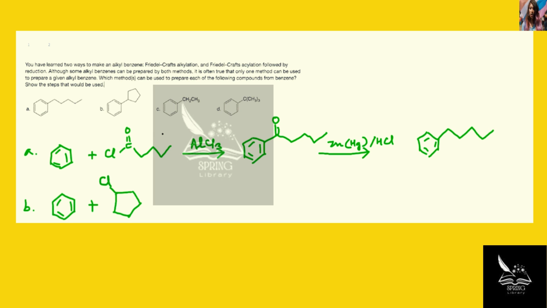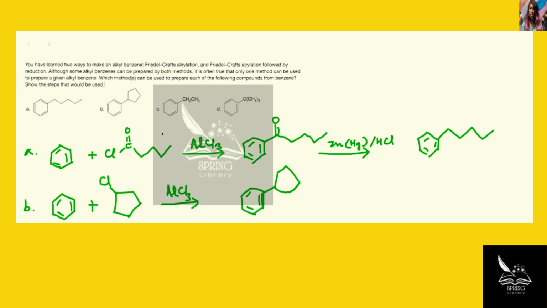The alkyl halide is taken in presence of anhydrous aluminum chloride. So directly we are getting the final compound, only one step. This is the double bond, and here the 5-membered ring. So this is the B compound which is formed.